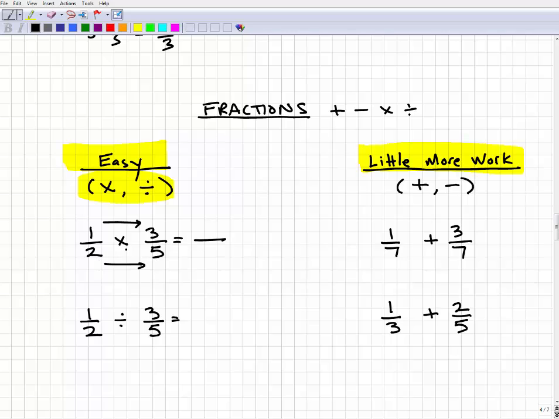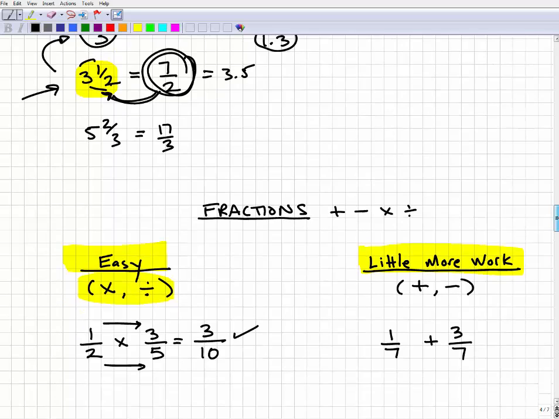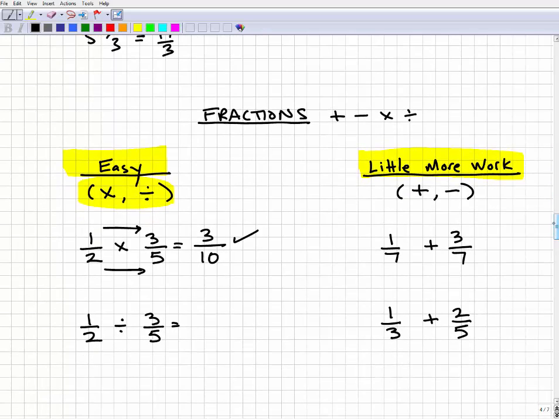So 1/2 times 3/5 is going to be equal to what? 1 times 3 is 3. 2 times 5 is 10. I'm done. And really, it's not any more difficult than that. Now, if you have a mixed number, you'll have to change that into an improper fraction like we just talked about. So if you have that scenario, make sure you turn all your fractions into improper fractions, and then go ahead and follow that. So again, multiplication of fractions, very easy.